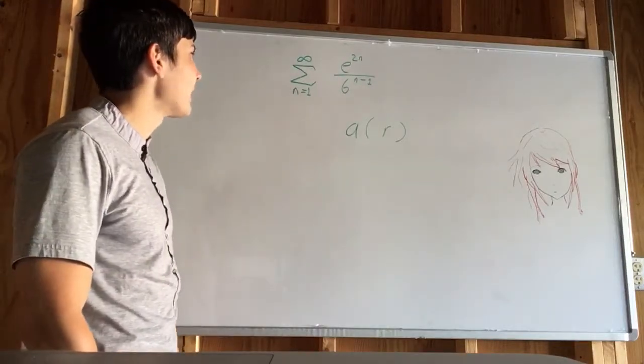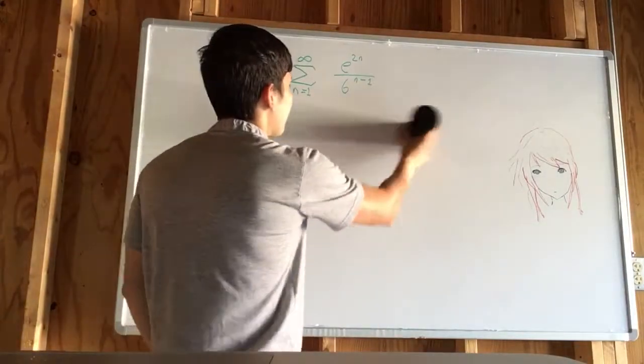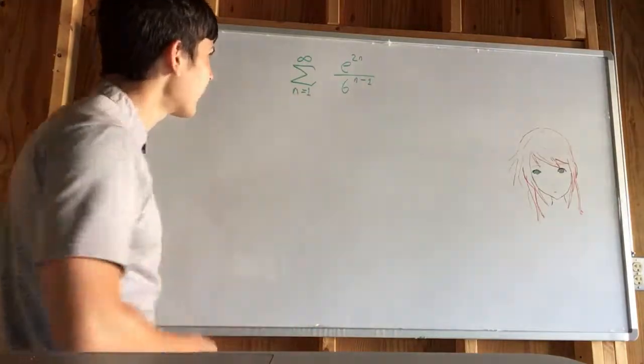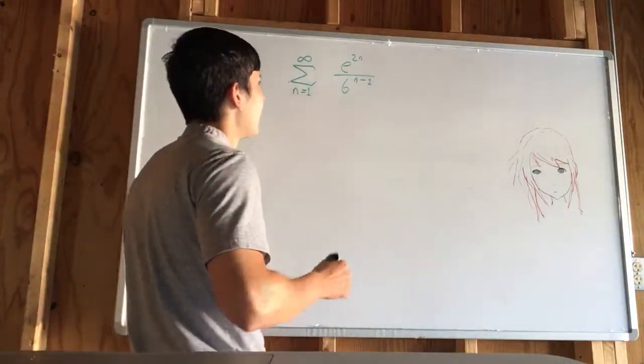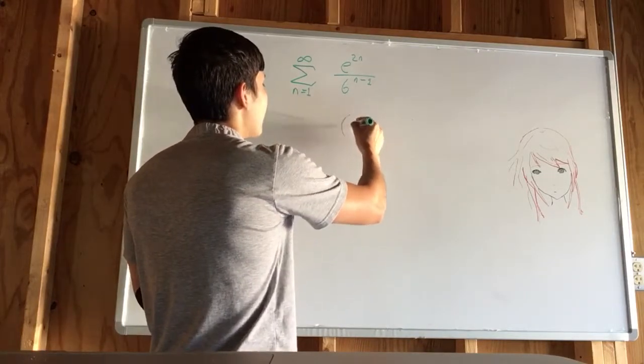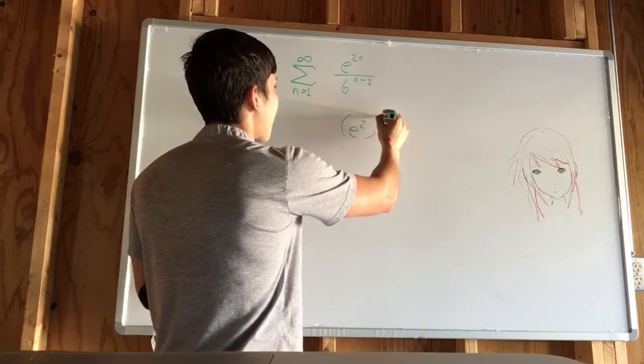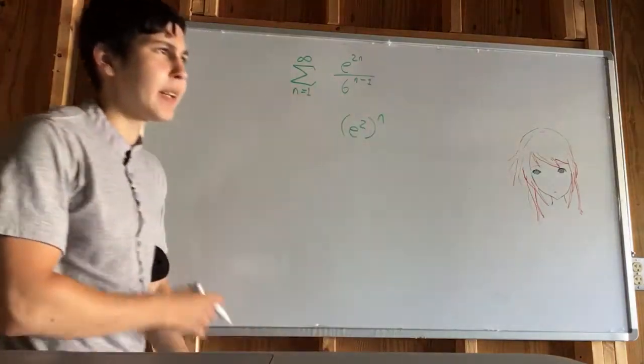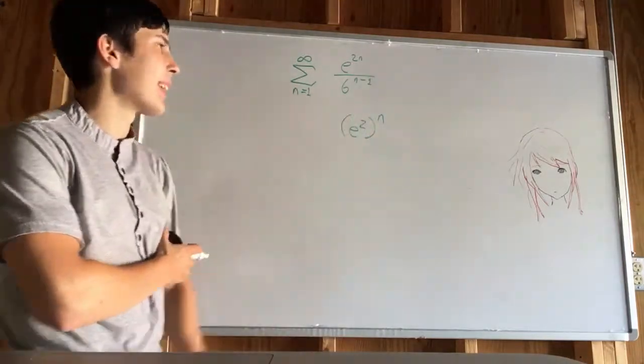So that seems difficult, right? Well, the first step you probably want to do is realize that you could do e squared, and then that's the power of n. Because with exponents, you're multiplying.